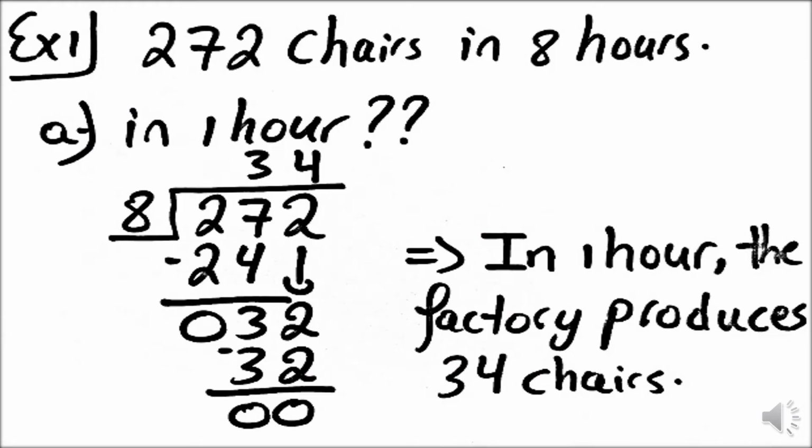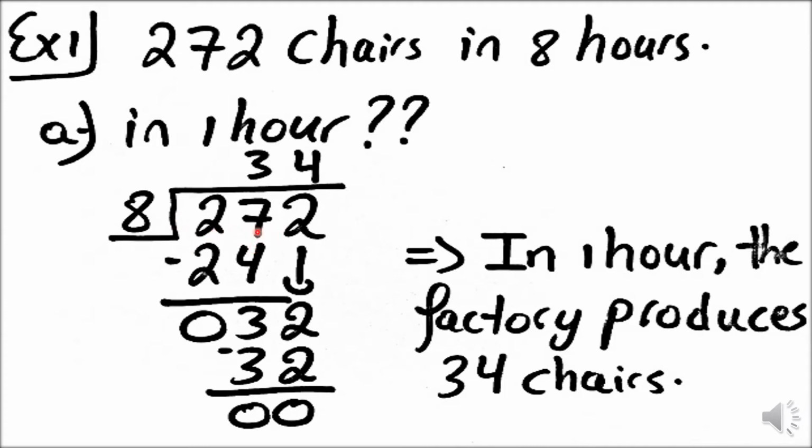Now, let me explain in detail how we solved. As we said, the factory produces 272 chairs in 8 hours. In 1 hour, I have to divide 272 by 8. Since the divisor is greater than the first digit of the dividend on the left, I have to take 2 digits from the dividend.